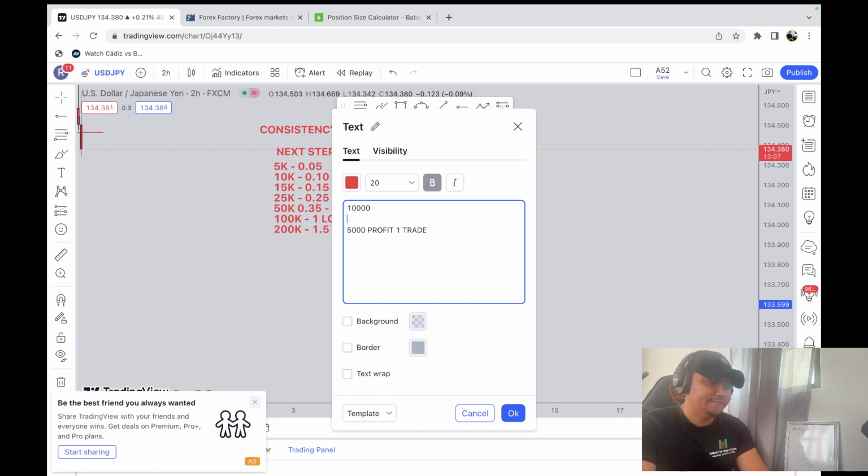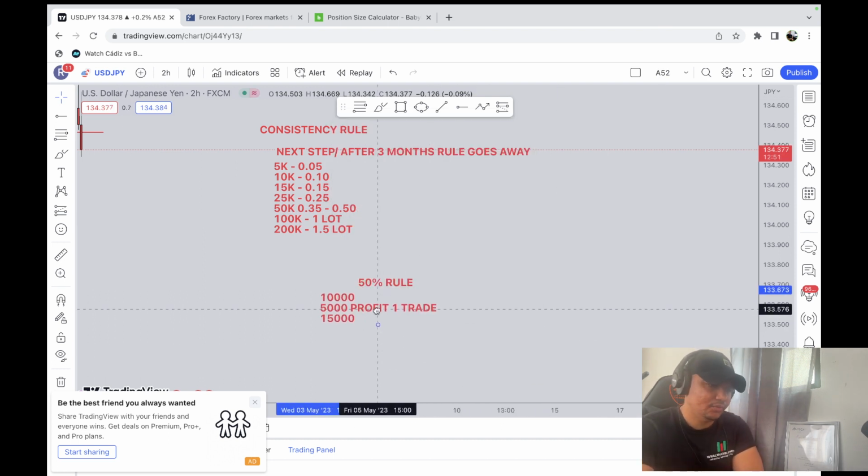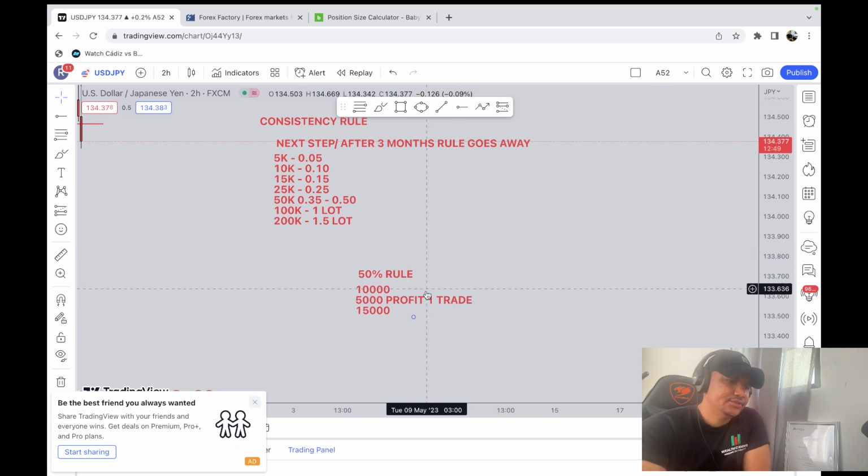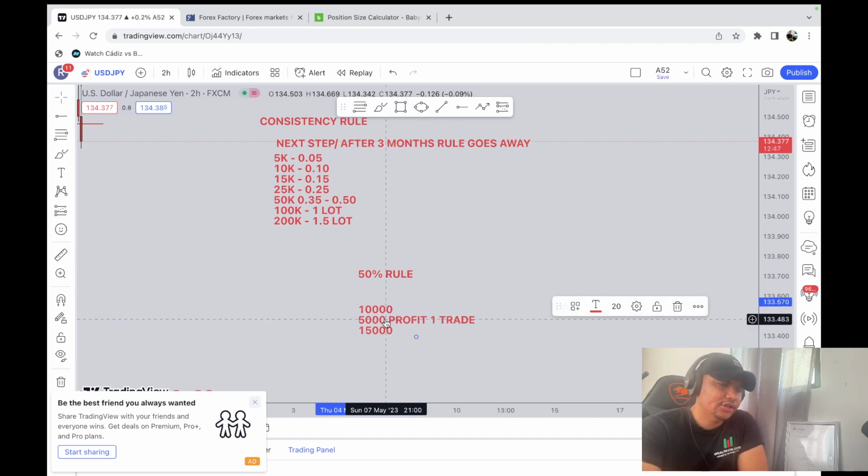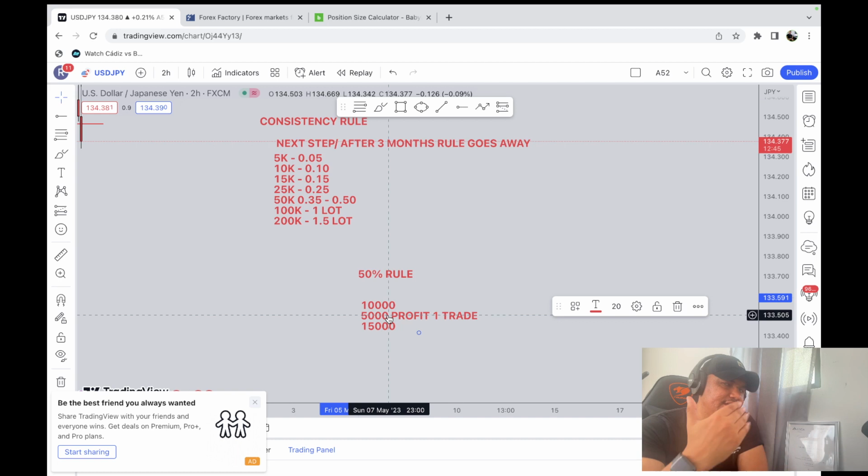If you got a 10k account, you made 5,000 profit, and the account is now sitting on 15,000, right? You will be in breach of what they call the 50% rule. Why do I say that? Because one trade cannot be equivalent to 50% of the amount that you would like to withdraw.